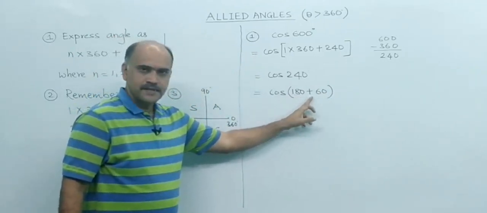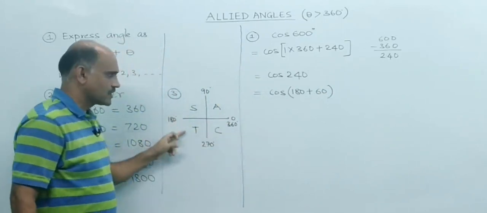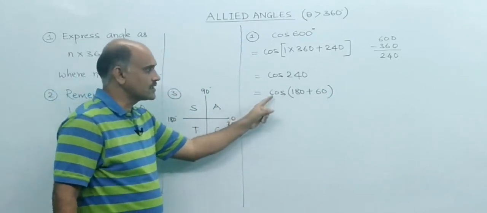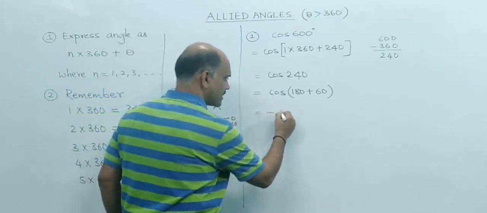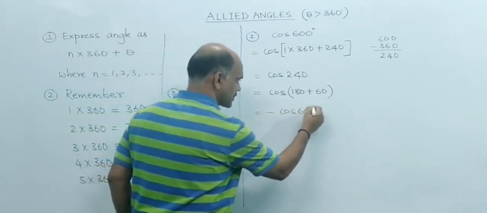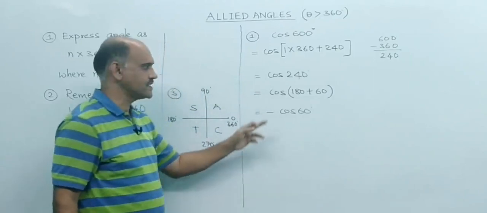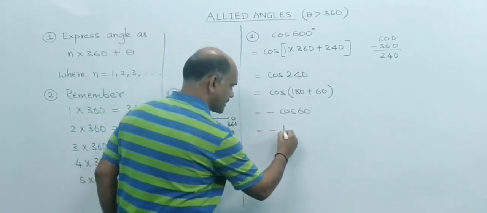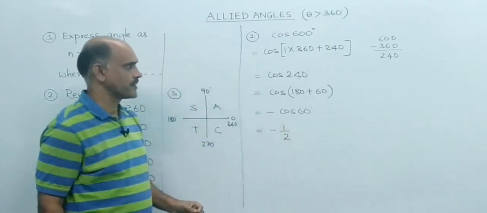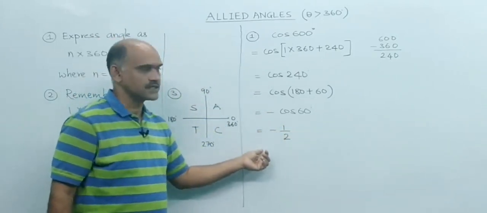So 180 plus means it is in third quadrant. In third quadrant cos is negative. So you will have minus cos 60. Now you substitute the value, that is minus 1 by 2. Clear, students?